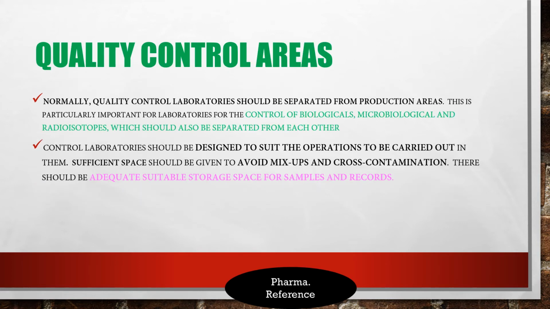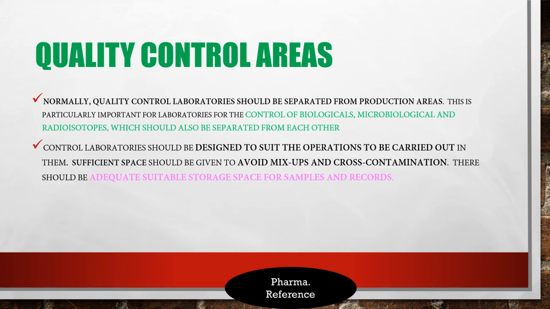Quality control areas. Normally, quality control laboratories should be separated from production areas. This is particularly important for laboratories for the control of biological, microbiological, and radioisotopes, which should also be separated from each other.